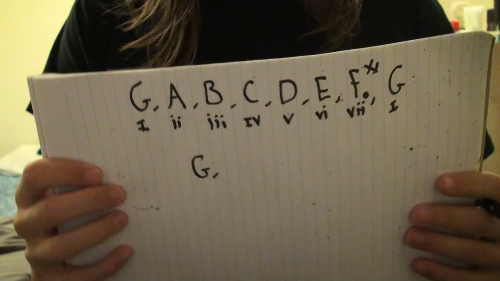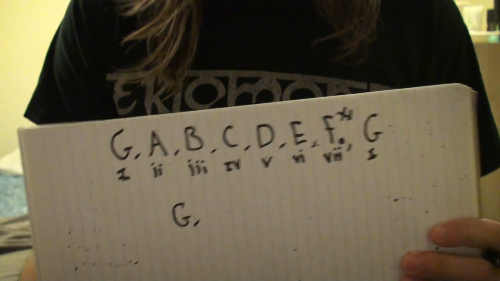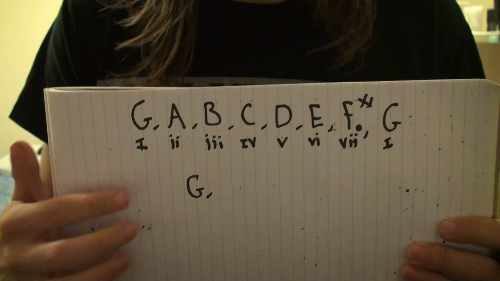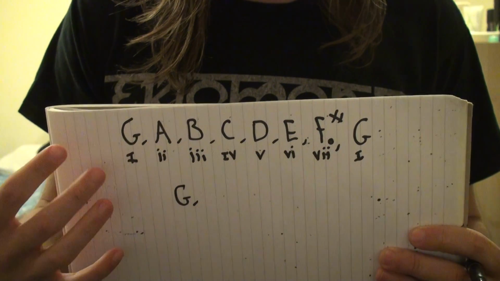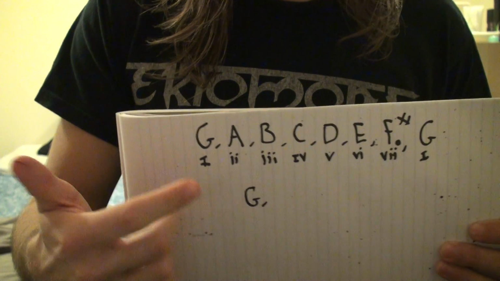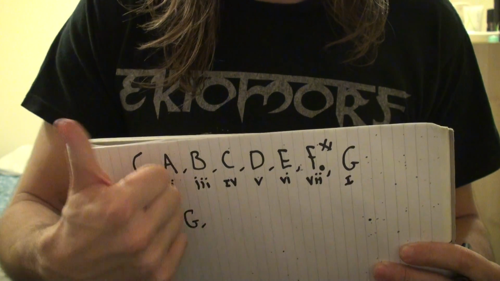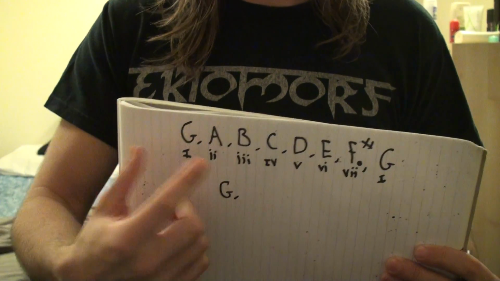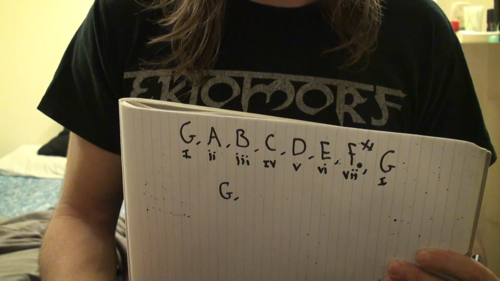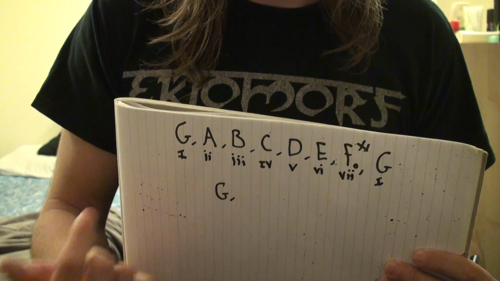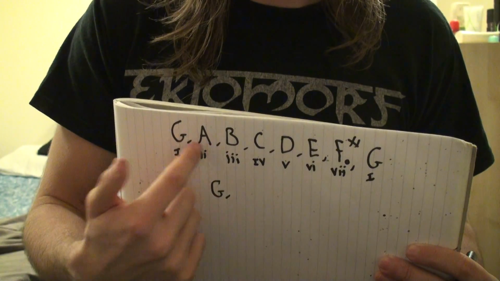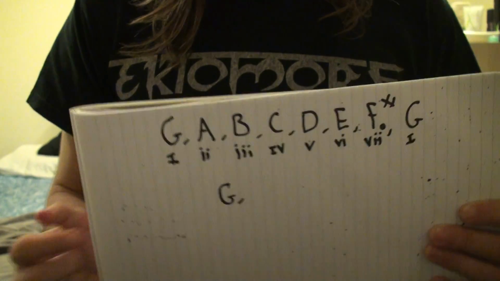So we're at G, we have to go up 2 tones. From G to A, we have 1 tone because you have G and G sharp, and then from A to B, you have A and A sharp. So G to A, 2 notes, A to B, 2 notes, so that is 2 tones.